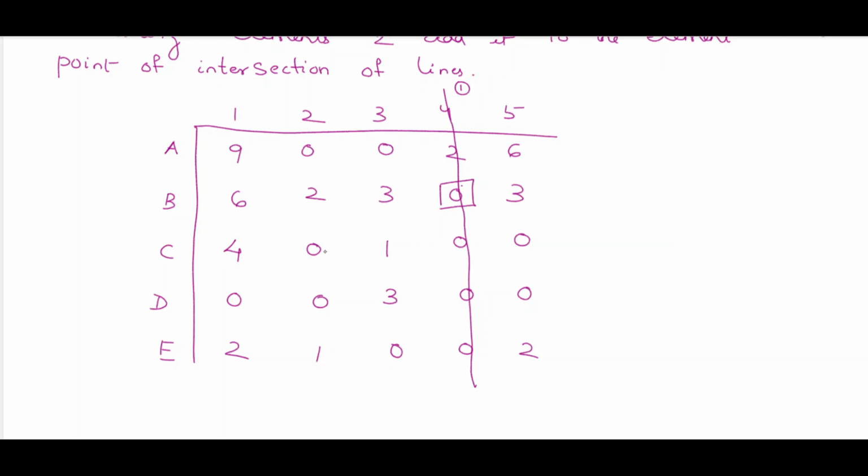Second case you can see 2 zeros, so we cannot go for that. For the third row also 3 zeros, no need. Then the fifth row we are having 1 zero. So we will mark this and we will cut along this column. So it is the second line.